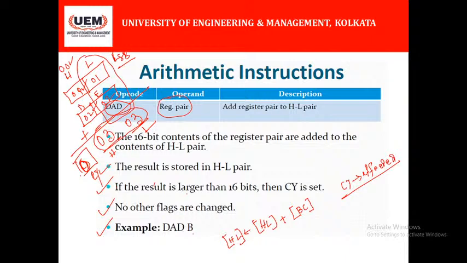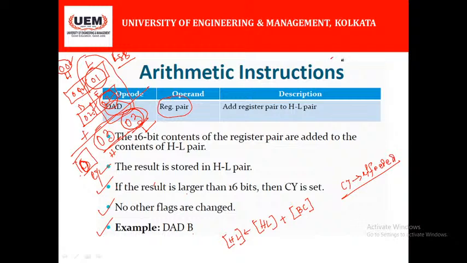In the case of the DAD instruction, what happens is that, first of all, the value of the L register and the value of the E register are added. Naturally, the sum will be stored in the L register, but there exists a carry, and that carry will be used while adding the H and D values.